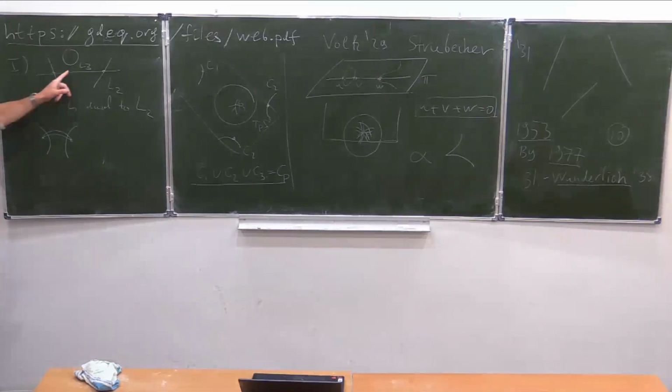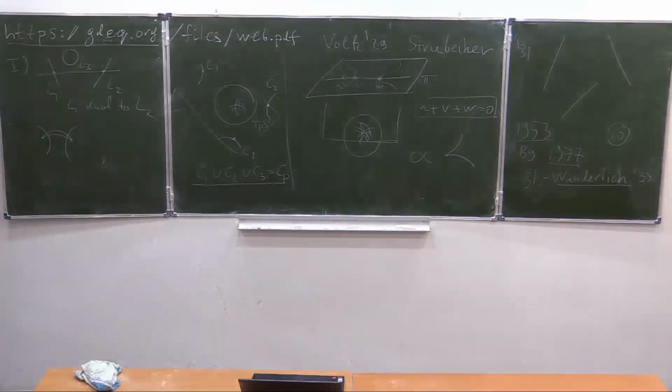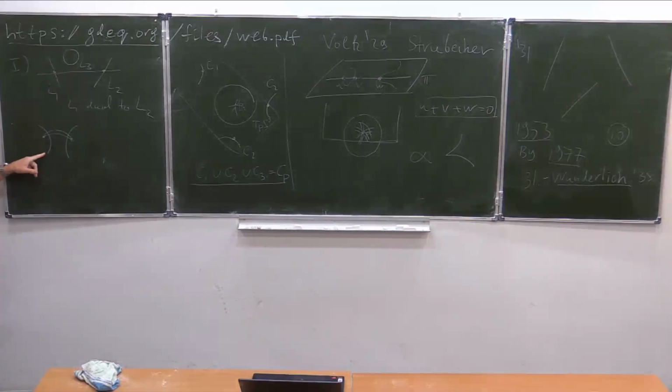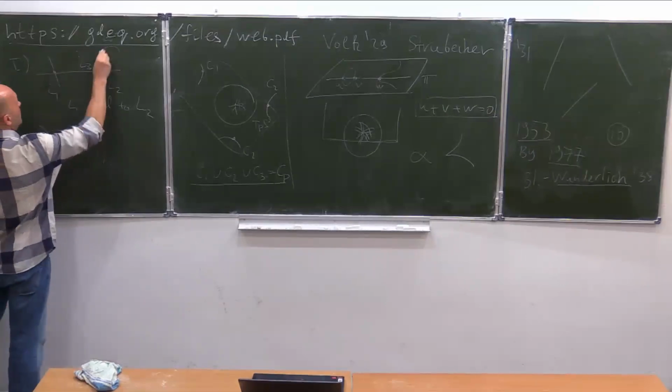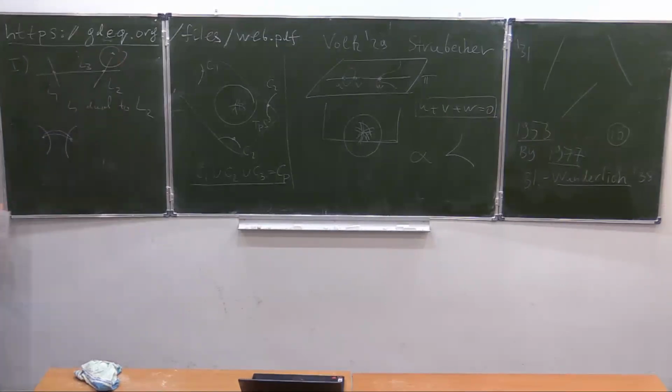And the third one intersects these two. This one, which is orthogonal, corresponds to a line which intersects the Darboux quadric. And the third one can be tangent, can intersect, or can miss it.